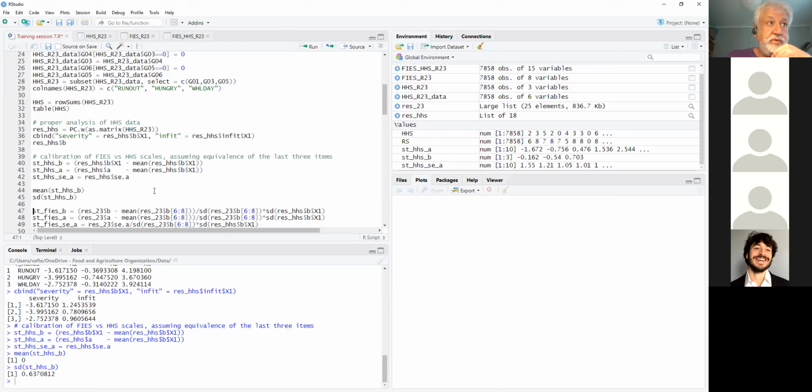So what I need to do if I want to compare, for example, the results of the FIES analysis with the result of the HHS analysis, I need to standardize the severity parameter of the FIES in the same way, so that the mean and the standard deviation of the common items should be the same.